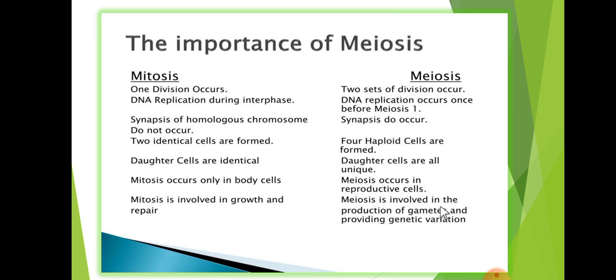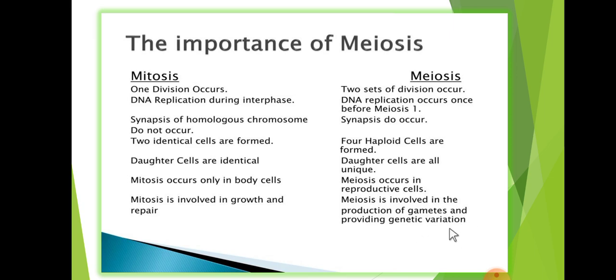Meiosis is involved in the production of gametes and providing genetic variation. So the aim or the importance of meiosis is to produce a gamete ready for fertilization, and the result of fertilization is the formation of a new zygote, a newborn baby, and providing genetic variation.